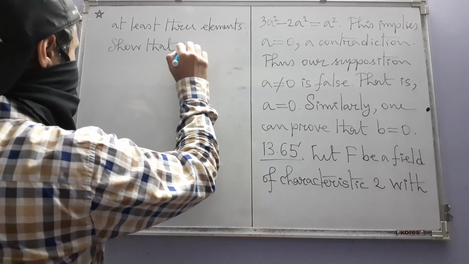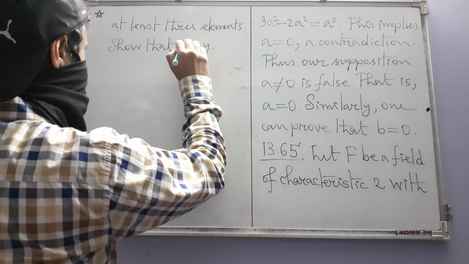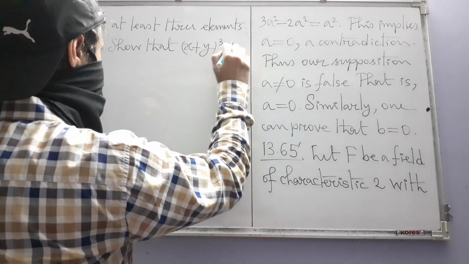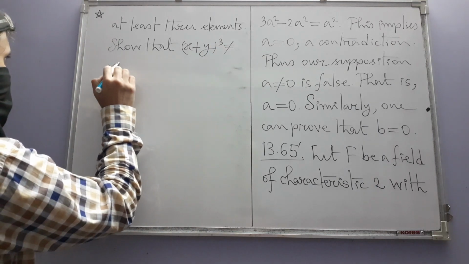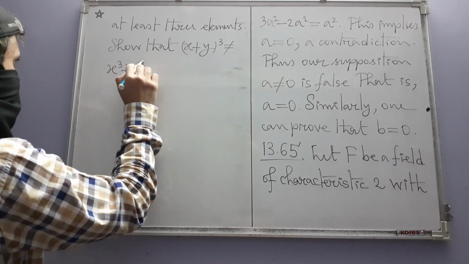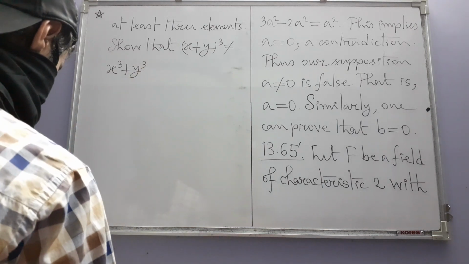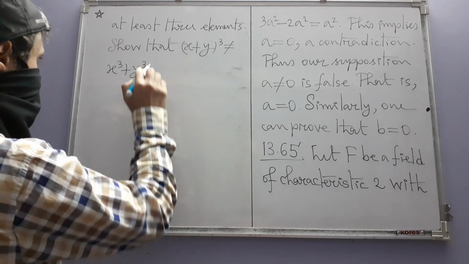Show that x plus y whole cube is not equal to x cube plus y cube for some x and y in f.